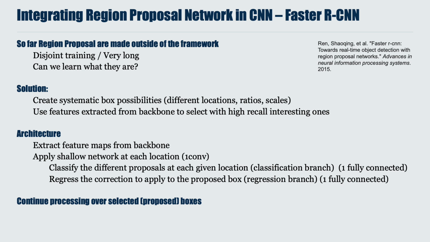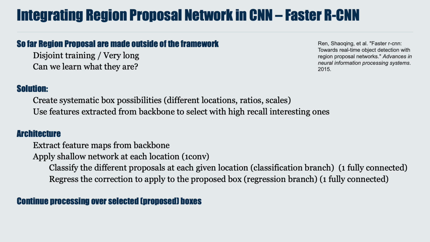That's why we call it a region proposal, because we want to use what we know of the features to select, among all the box possibilities that we have systematically identified, all the possible regions that can contain an object, and to classify them afterwards.